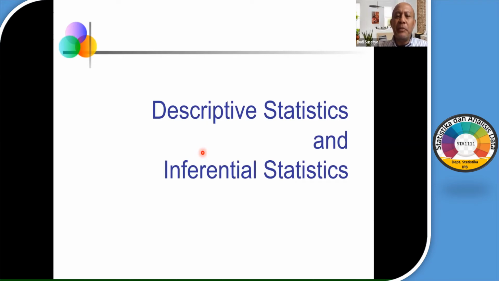So after you collect the data, then you have to analyze the data. In statistics, some books define that there are two kinds of statistics. The first one is descriptive statistics. The second one is inferential statistics. What is the difference between descriptive and inferential?